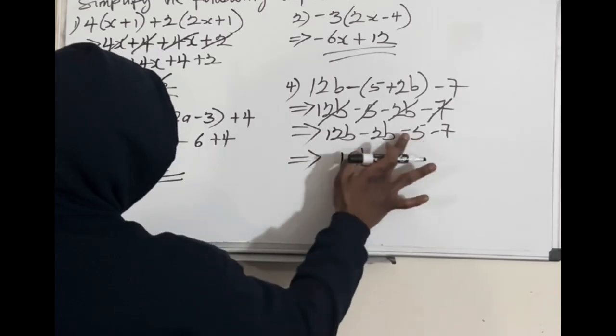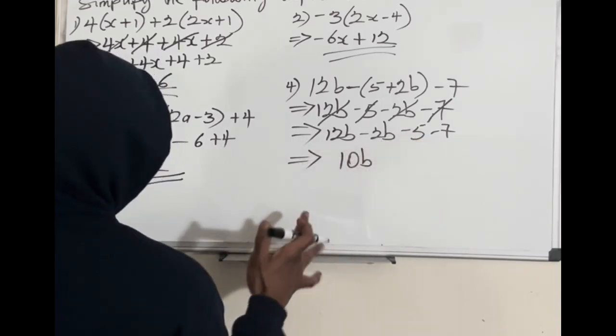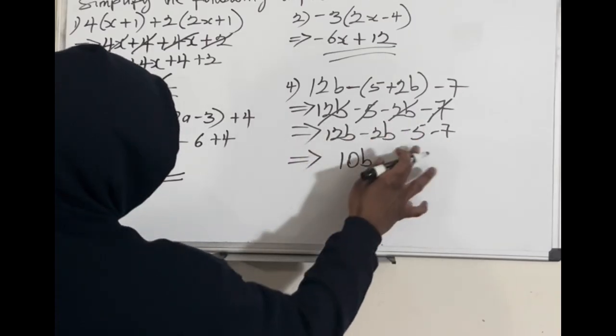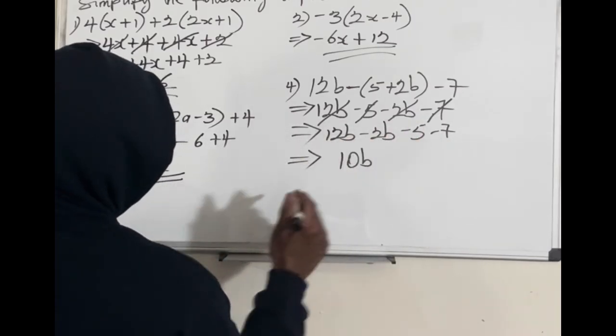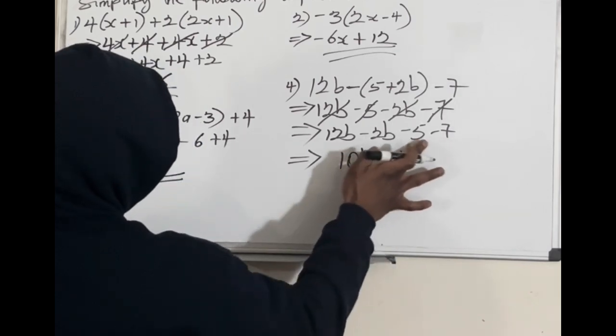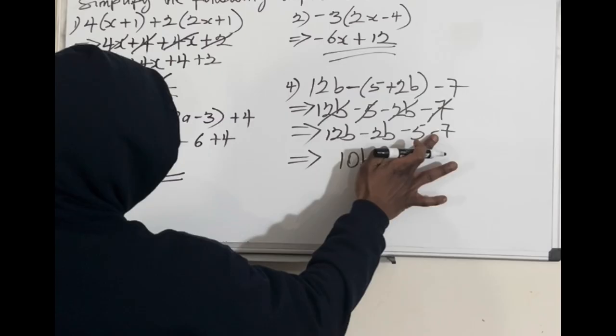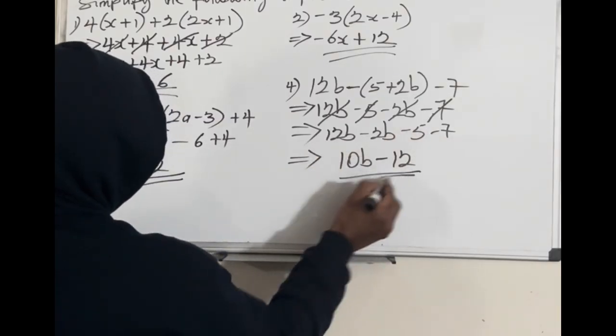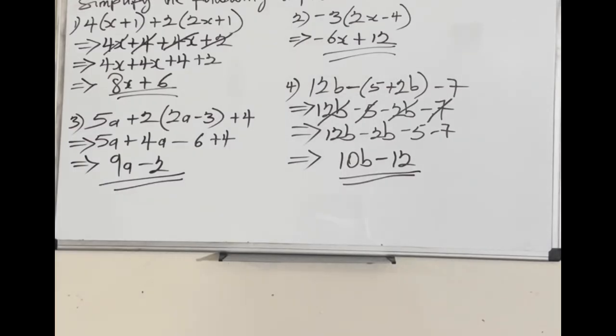The same signs, negative negative, so we will add 7 plus 5, which will give us 12. Which sign affects the bigger number? Negative 7, so we'll bring the negative here. 10b minus 12 is the final answer.